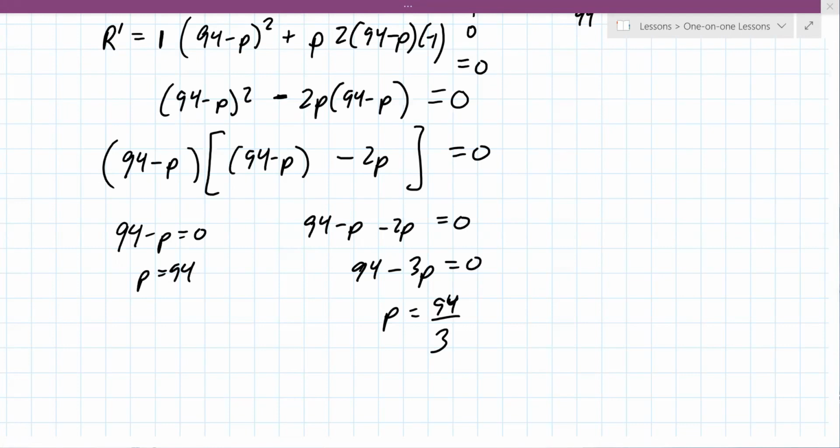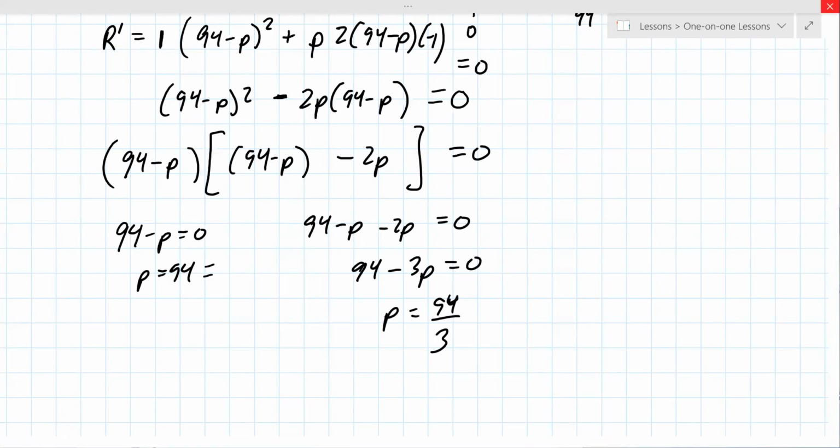And okay, so that's the price. So we should check which one is the answer. This one, 94, is not correct because it's at the edge of our window. So try this one, and you're going to put that in your calculator. That's 31.33. Okay.